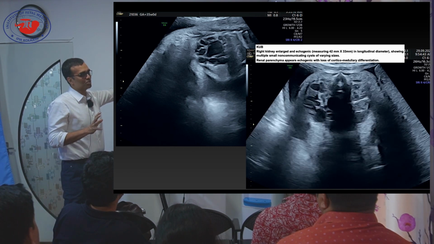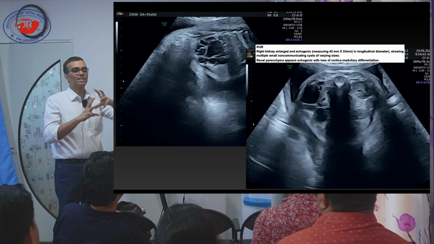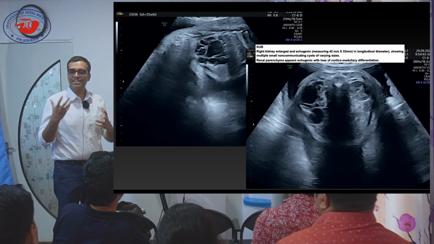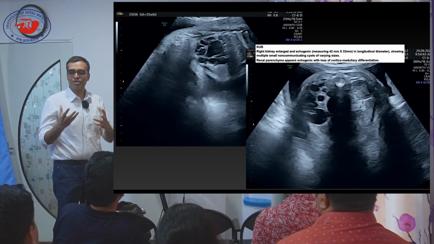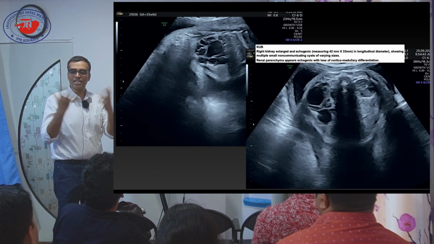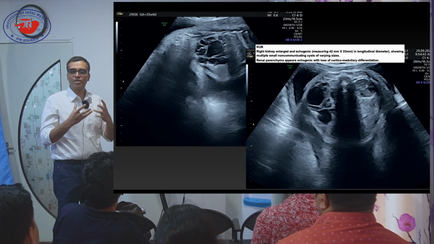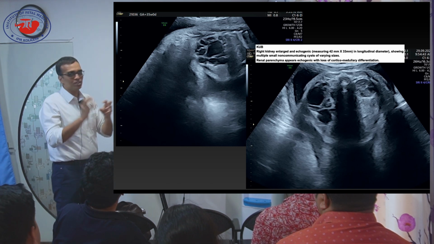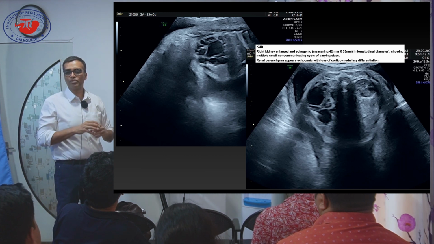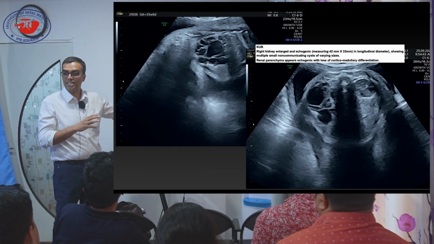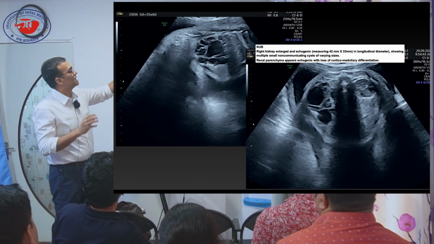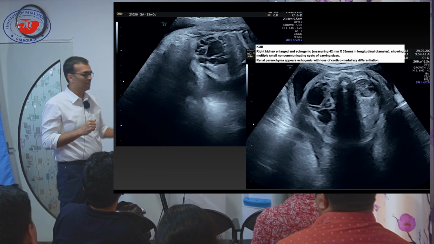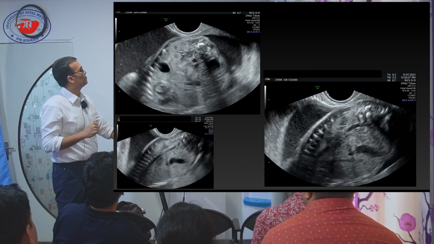Because sometimes you need to differentiate multicystic dysplastic kidney from urinary tract dilatation also, because when the calyceal system balloons up dilated, it may appear similar, but in those cases there will be communication, and in these cases when you see the different locules, they will not be communicating with each other. That's why we put this language, non-communicating cystic kidney. So this itself explains multicystic dysplastic kidney.